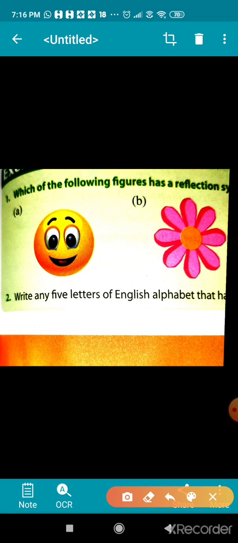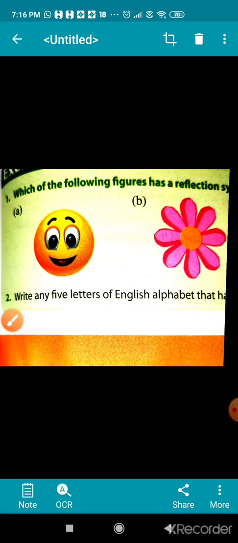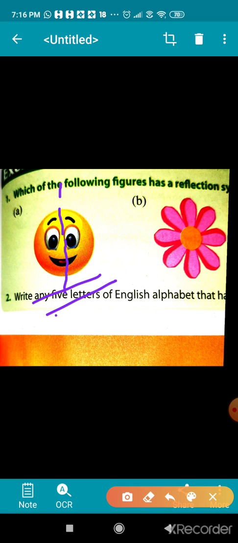Okay, now children, here in this, if you draw line like this, can you tell me both sides are equal? No. So this figure is known as asymmetrical figure. But when you draw line like this, then now this figure is symmetrical figure.